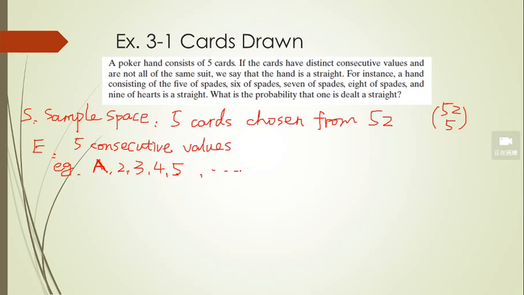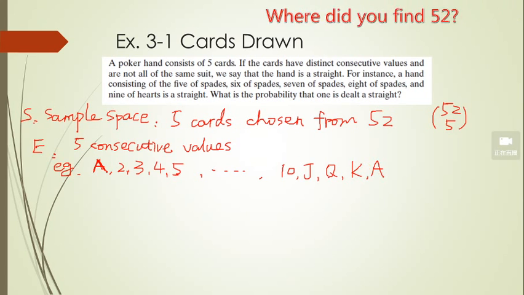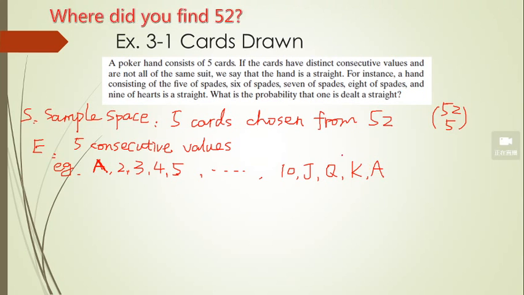You can have several ones. What is the final one you can have? The most is 10, starting from 10, Jack, Queen, King, and Ace.